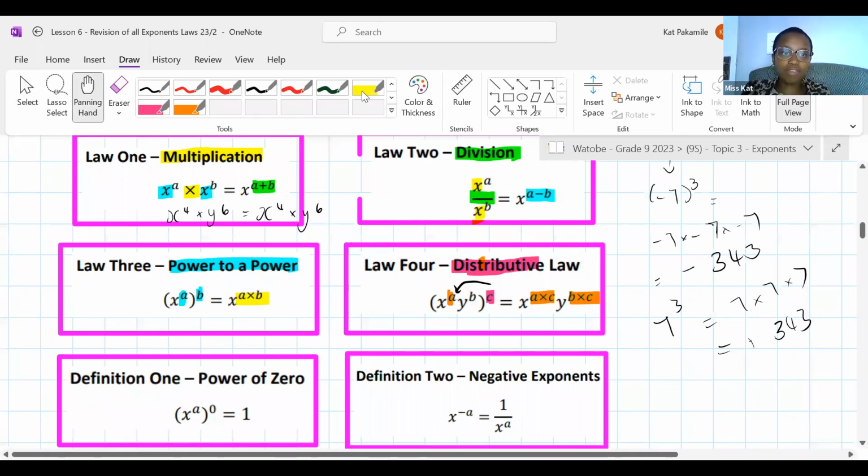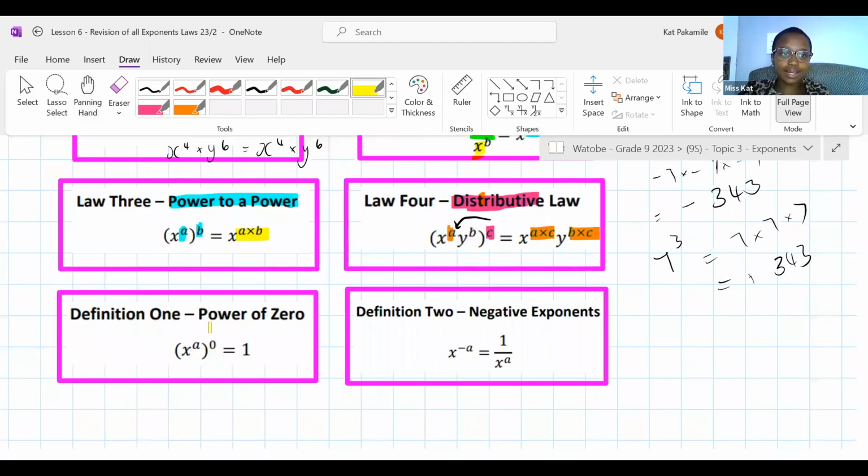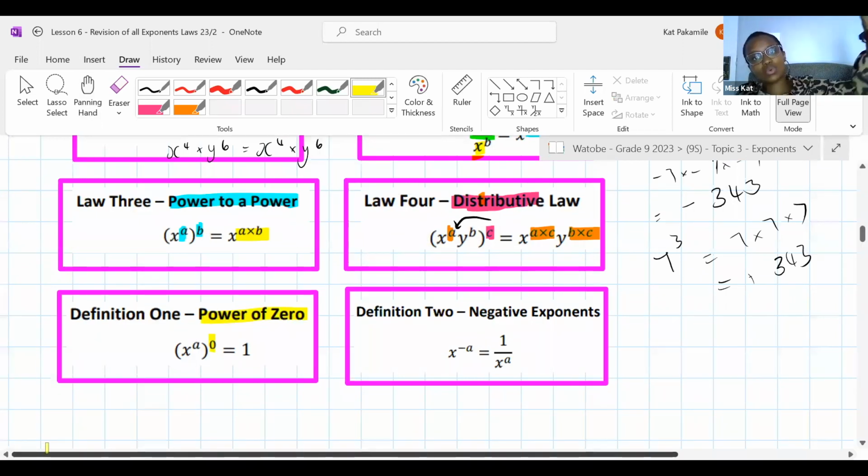Now we are working with definitions. Power of 0 means exactly that. Anything under the sun to the exponent of 0 will be equal to 1. Do not be tricked in your test. We will give you long brackets, like 96 divided by negative 48 plus 2 times this minus that, squared, cubed, square root, cube root, fifth root, and then we'll put it all in brackets and say to the exponent of 0.